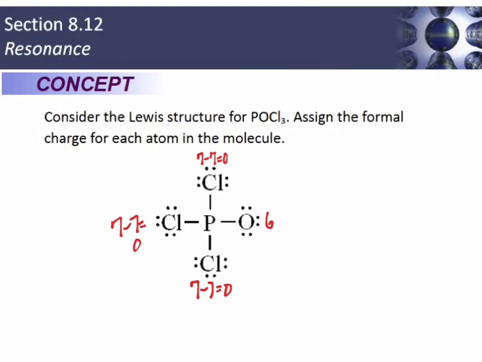Oxygen has 6 valence electrons, and it has 7 on it, so that is a -1. Now go to phosphorus. Phosphorus has 5 valence electrons, and it has 4 assigned to it, so it is a +1. So the overall charge of this is 0.